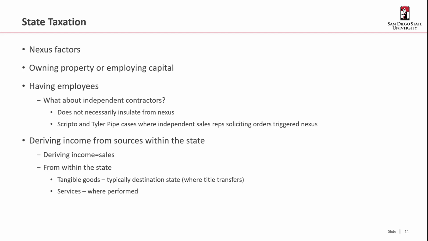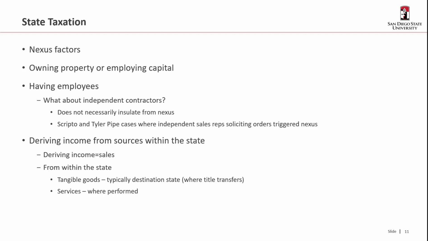If you derive income from sources within the state. So deriving income generally we think of as equaling sales. So what the concept really narrows down to is whether those sales are from within the state. And for tangible goods, we typically think of the destination state or where title transfers.